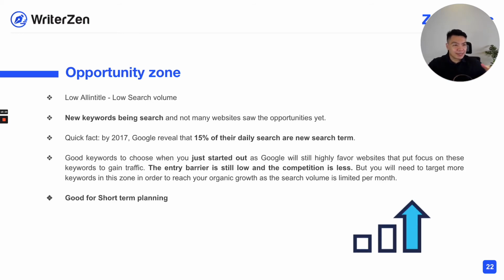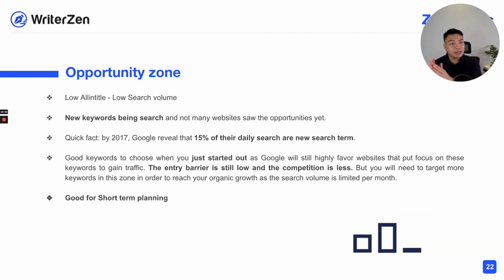It's good for what we call mass-produced content, right? You look for all these keywords with very low competition and low search volume, and you just write content for all of them. You want to make sure you cover as many keywords here as possible, so that if any of these keywords eventually grow into the mature state, or even into the next zone, the ideal zone, you will be able to get traffic from them, right?